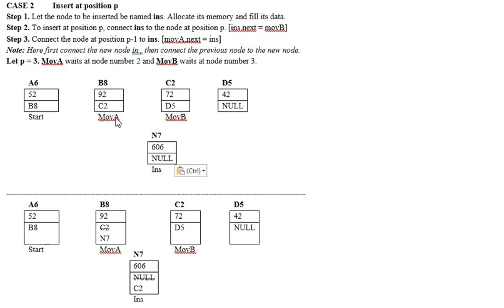Right. Then from here, find out where it is going to. Wherever this is going to, send this one there. That means ins next is supposed to become move A's next. If I place move B over at move A's next, then I can easily say ins next equal to move B. Okay. And then this diagram shows how ins next is connecting to the place where it should go, and after that this move A is connected to ins.